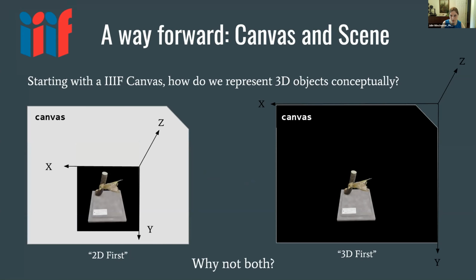Over time, a lot of our discussions ended up with these two examples, the 2D first use case or the 3D first use case. We arrived at the idea that it's probably best to create an architecture of a solution that can handle both of these things, because, as I'll talk about in a little bit, both of these approaches address different but important use cases.